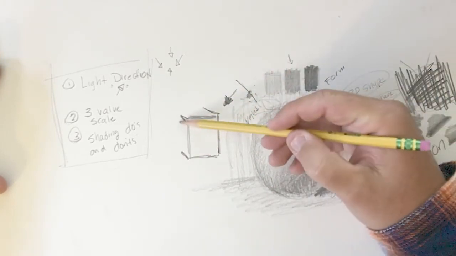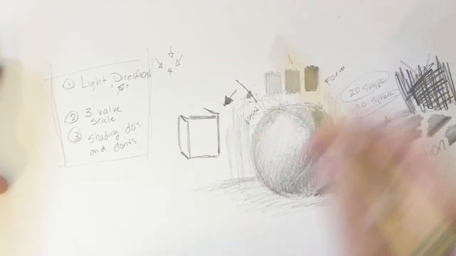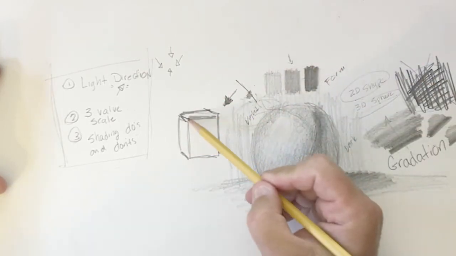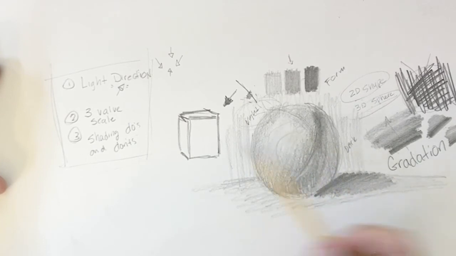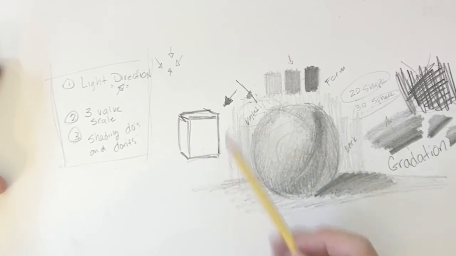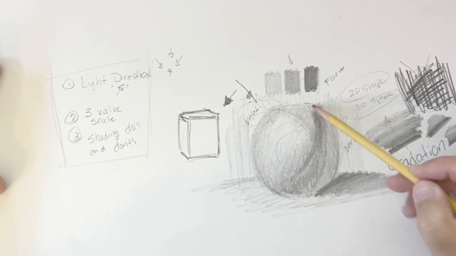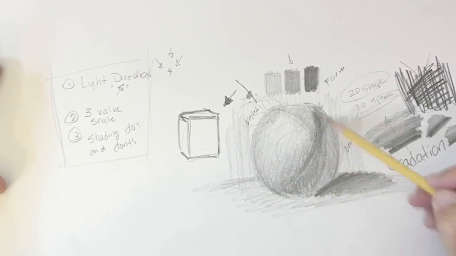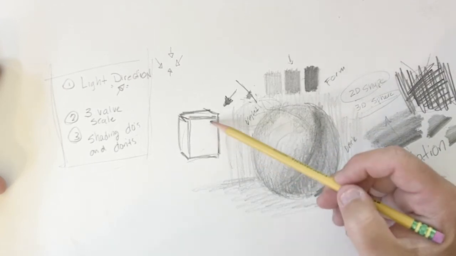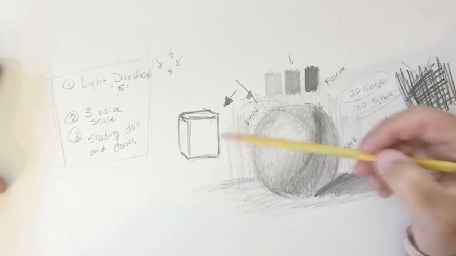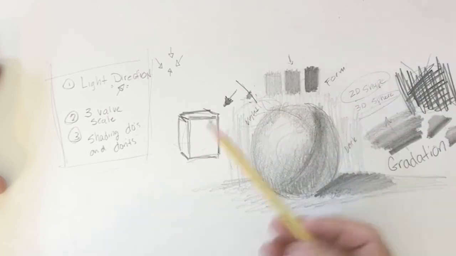Sketch this out. All right. This is round, right? This is not round. This is hard edges. So you're not going to have this smooth core shadow showing roundness. Here it's going to be just hard, right? There's no roundness.